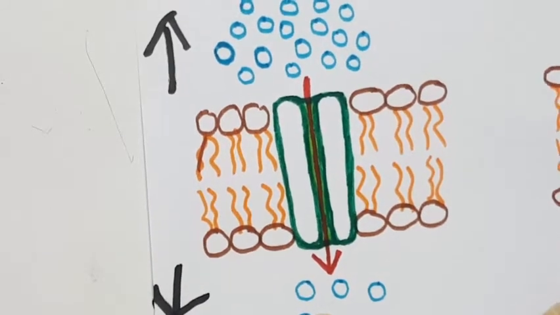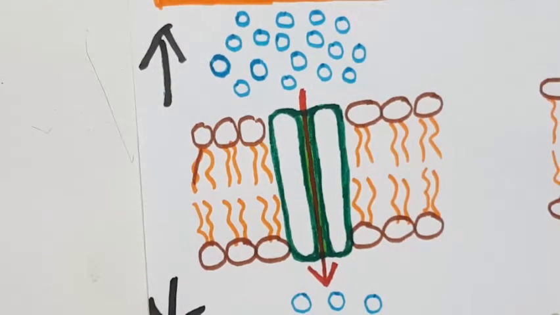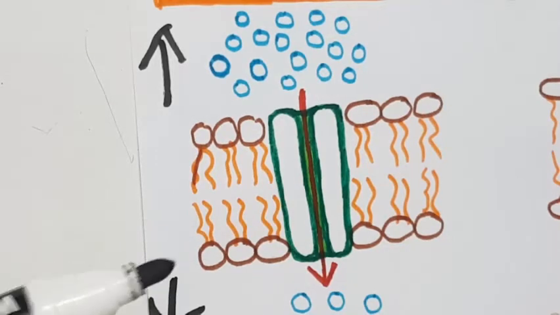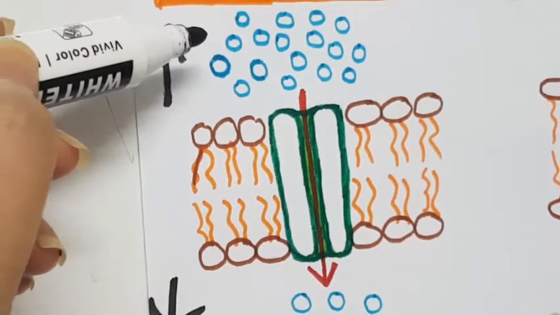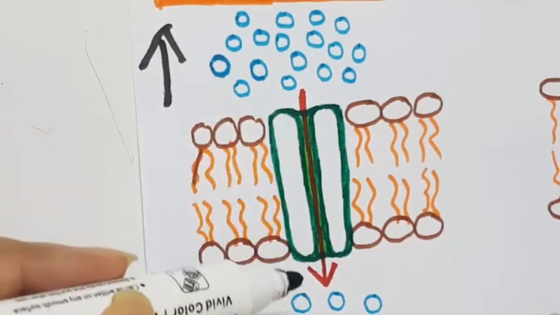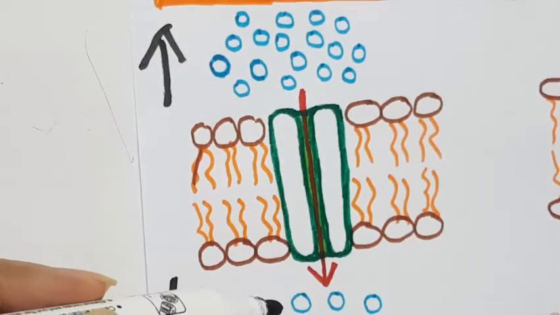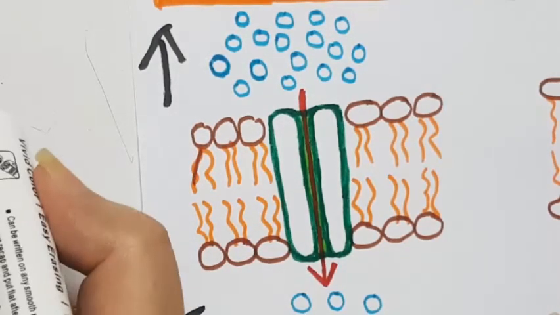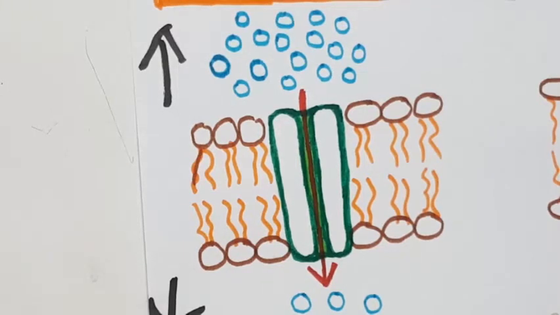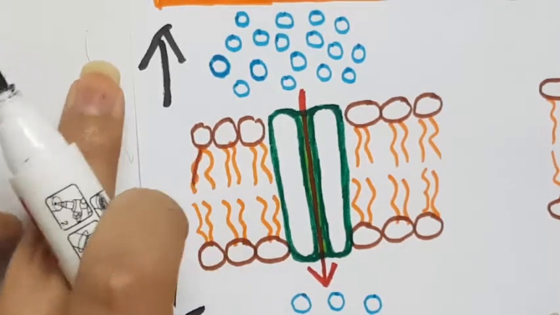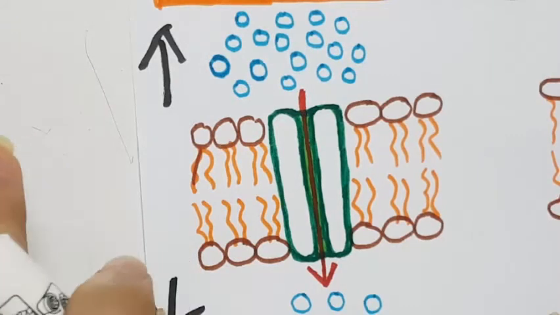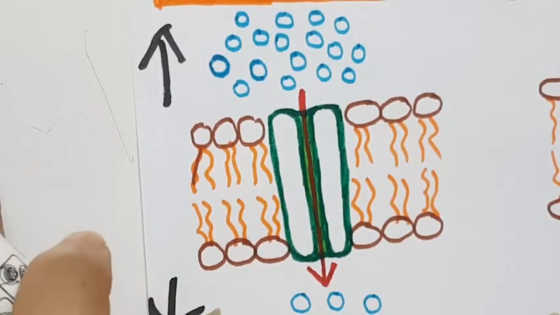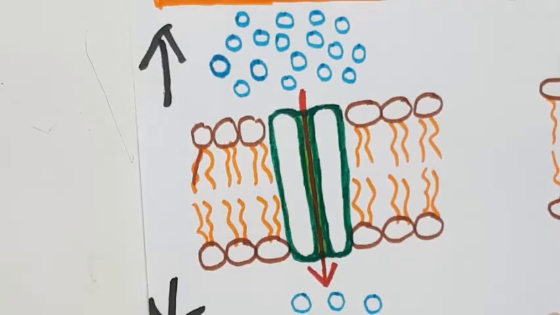So a channel will transport these molecules or ions from high concentration towards the low concentration area, and during this process no energy is utilized. Whereas if you want to move these molecules from low concentration towards the high concentration, that cannot be done by a channel. For that function we have pumps.